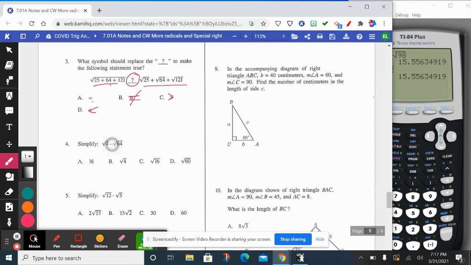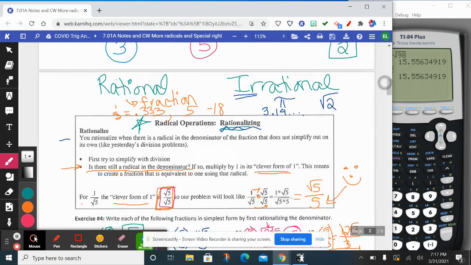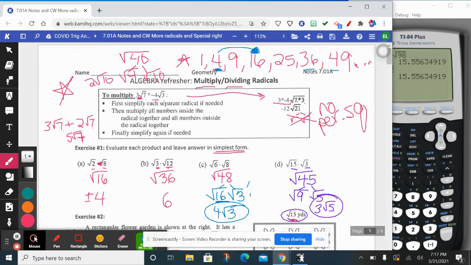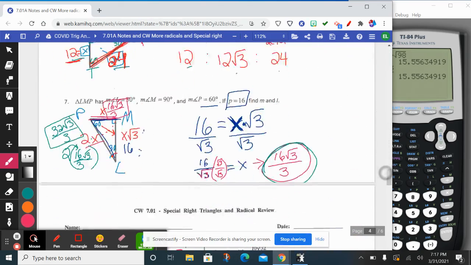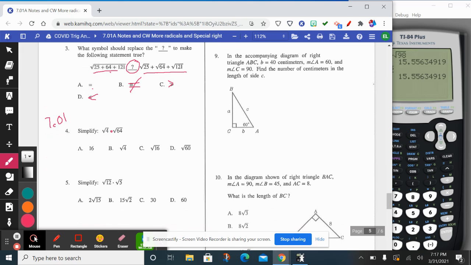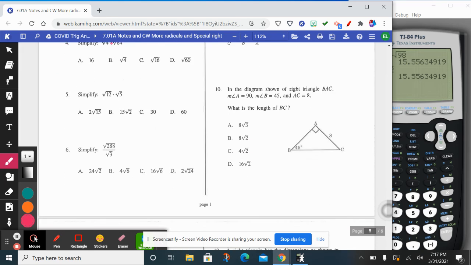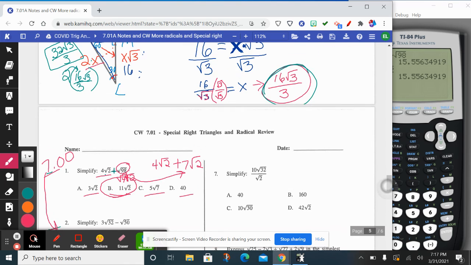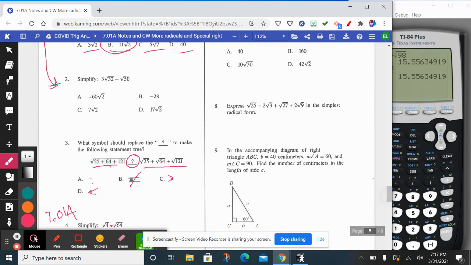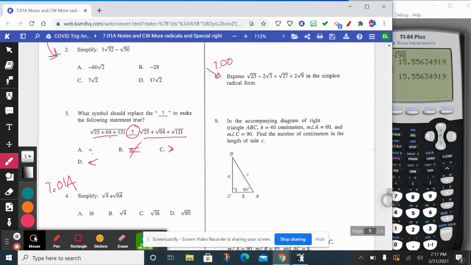Exercise 4 is some multiplication. So that's your note 7.01 from here that we did at the beginning. I should say 7.01a. It's multiplying radicals. Same thing with 5 and 6, multiplying and dividing them. 7 and 8, that was from note 7.00 if you need help.